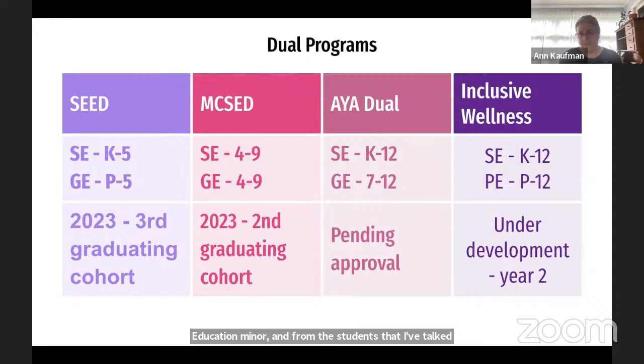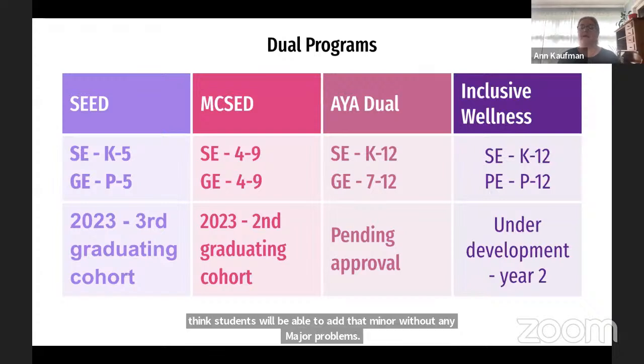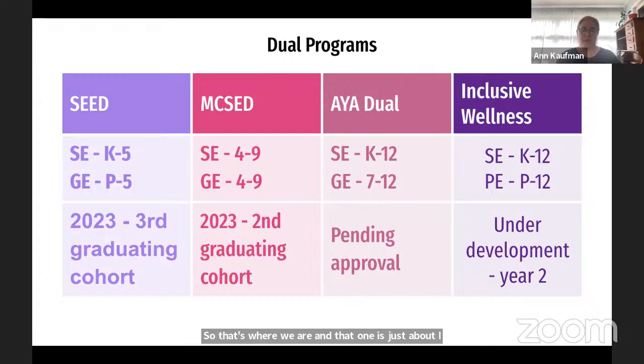The problem with secondary is the number of hours required, and it becomes a pretty big program to get all those courses in. But we have a lot of students who enter our programs having already completed college coursework in high school, so we think students will be able to add that minor without any major problems. That's where we are, and I think it's going through the state right now for approval. Hopefully we'll be able to roll that out really soon.